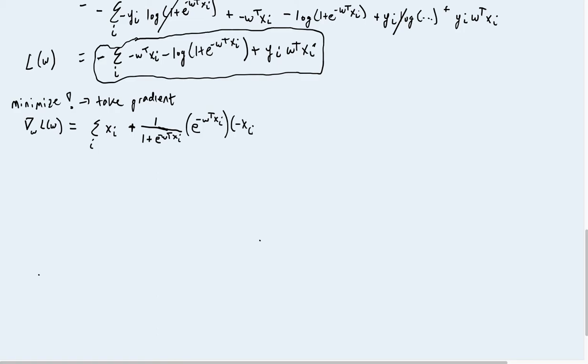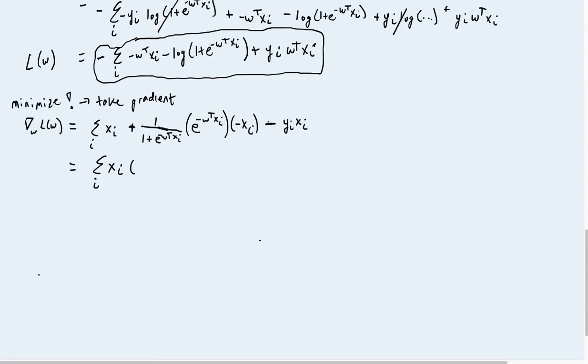Plus, well, that should be minus actually, because we're distributing that negative through, yi xi. And now notice that we can pull out an xi from everything.